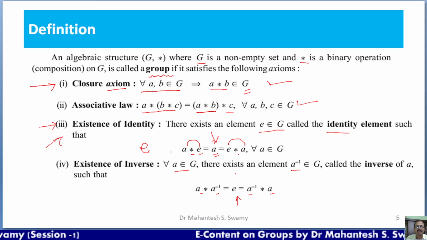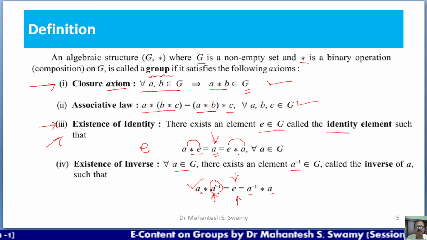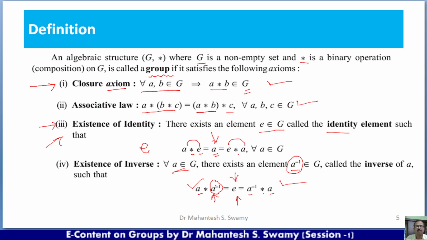So that identity element should be recovered by operating any element with this type of element. This type of element should exist for every given element A. If it exists for every A, then we say that this element is the inverse element of A under the given binary operation star. So if this property is satisfied, then we say that the inverse law is satisfied.